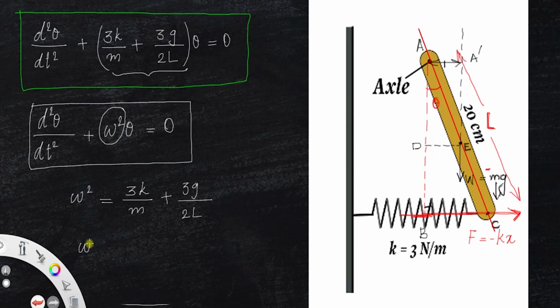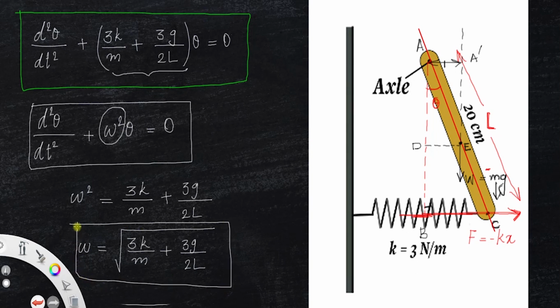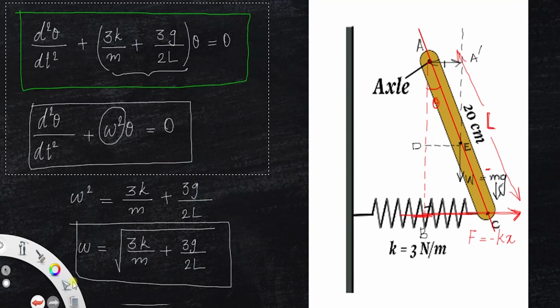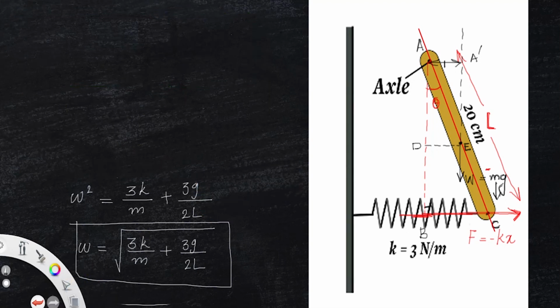Which will give ω is equal to root of 3k/M plus 3g/2L. So this is the expression for the angular frequency, and you know ω is actually 2π divided by T. ω can be written as 2π/T, where T is the time period of oscillation, is equal to root of 3k/M plus 3g/2L.